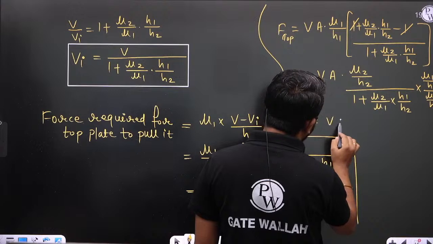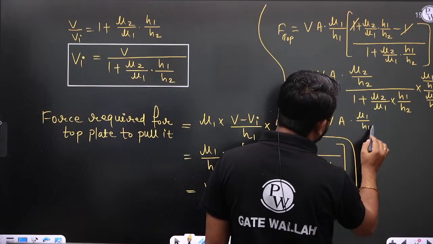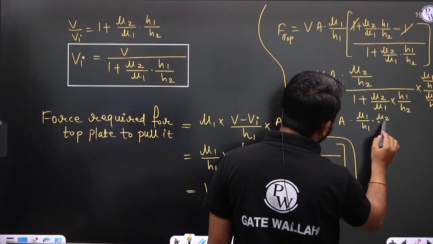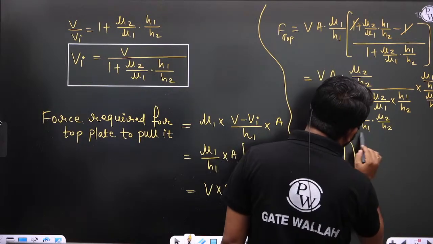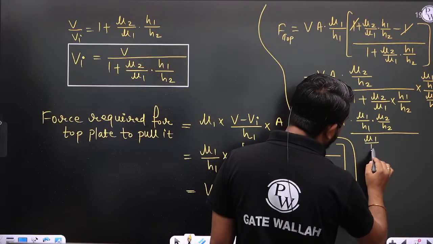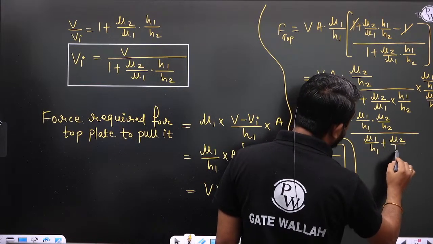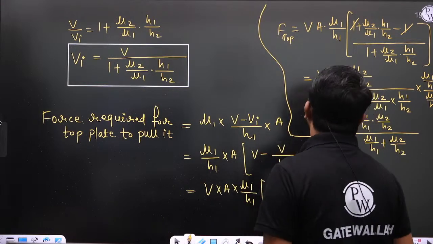So this is V into A into mu1 H1 into mu2 H2 upon mu1 H1 plus mu2 H2. Yes, this is a very nice expression you can see.